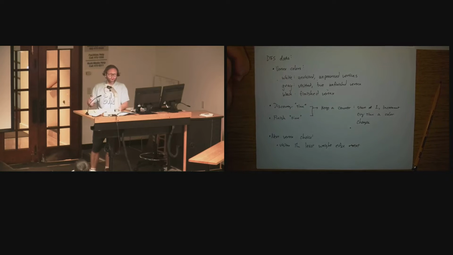Or, if you wanted to be greedy, you could visit the greatest weighted edge next. If it was unweighted or they all had uniform weights of 1, well, okay, you can randomly choose, right? It could be random. Or you could choose lexicographically. If your vertices were labeled 0, 1, 2, 3, 4, 5, 6, well then you could go to the least numbered vertex next. And that's what we'll do.